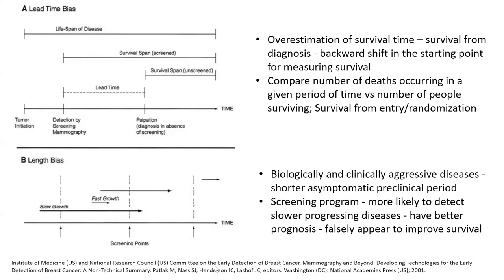So this kind of bias will also give a false sense of effectiveness for your screening test. So when you're looking at studies reporting effectiveness of screening tests in terms of, say, improved survival, you have to consider lead time bias, and you have to look at whether they are looking at all varieties of cancers and all stages of cancer when you are trying to rule out length bias.